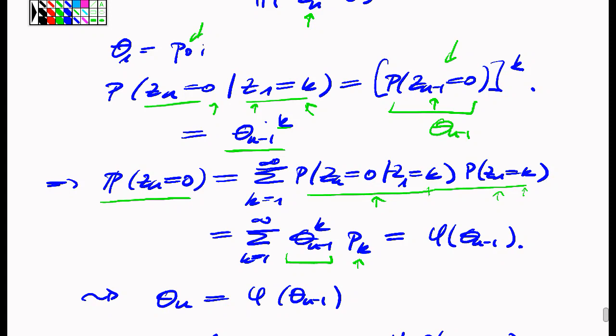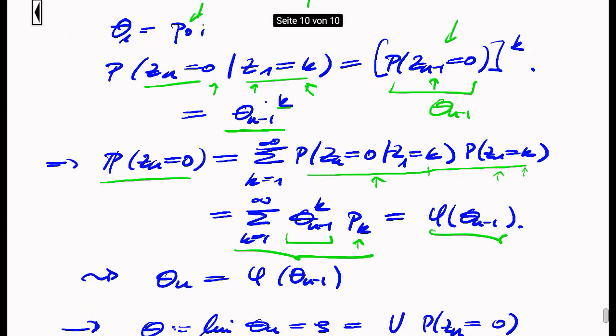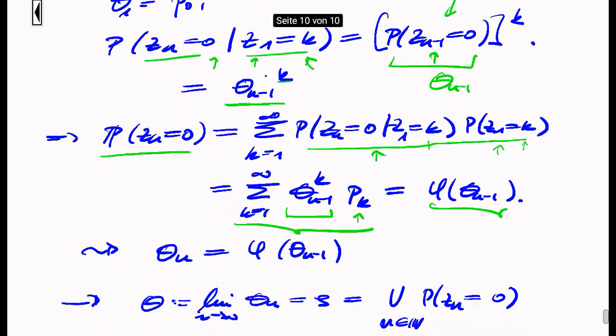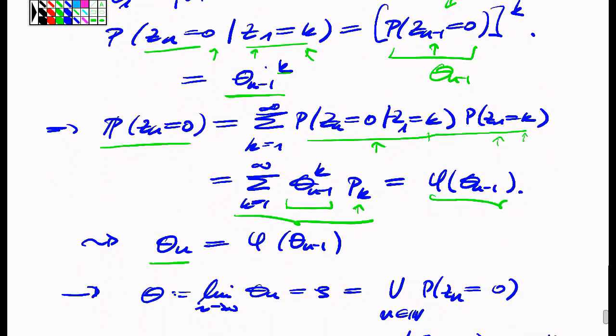And we see that this total expression is exactly the generating function phi evaluated on the parameter theta n minus 1. And hence we have the recursive formula that the number theta n is given by applying the generating function phi to the parameter theta n minus 1.